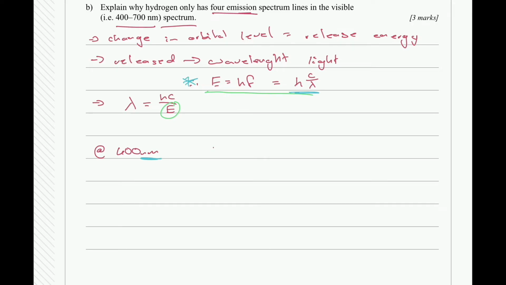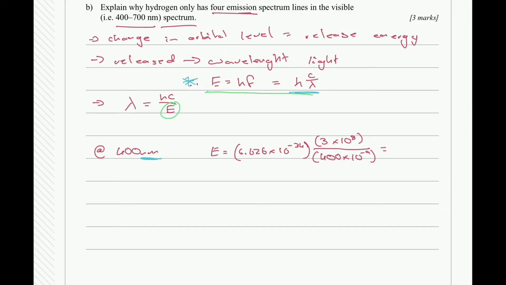So my formula will be energy is equal to, H is Planck's constant, 6.626 times 10 to the negative 34, multiplied by our speed of light, which is 3 times 10 to the 8, all over our wavelength, 400 nanometers, converted to meters for our SI unit by times 10 to the negative 9.